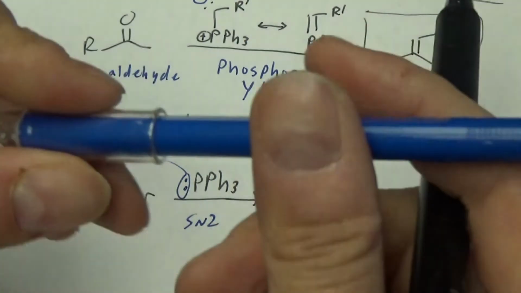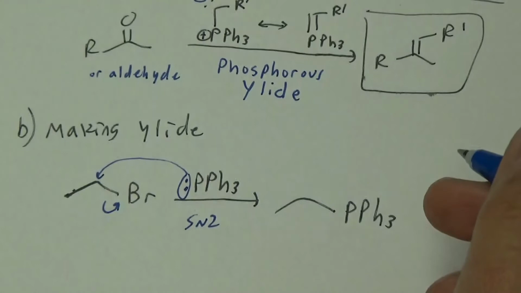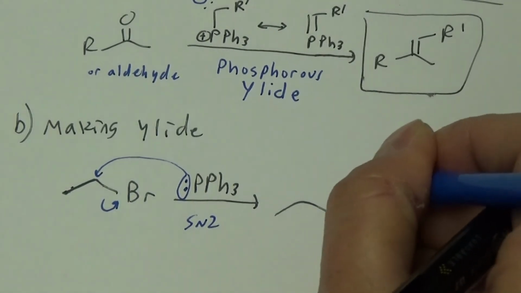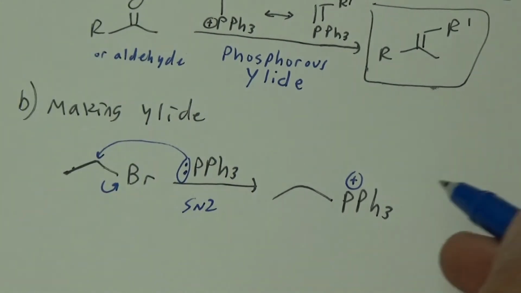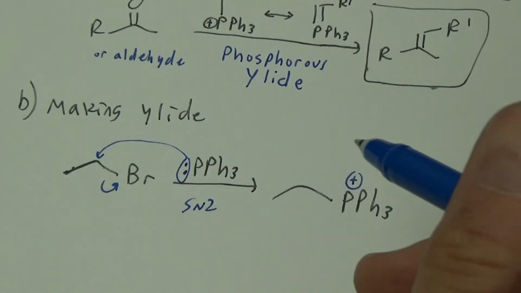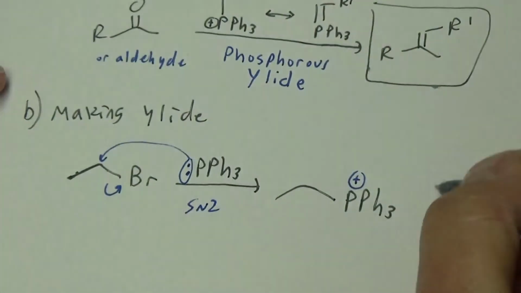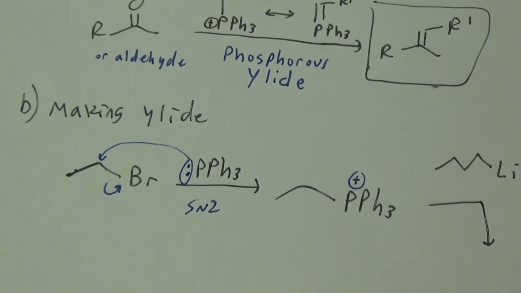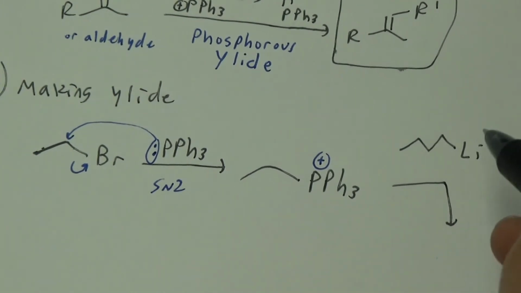Zero minus two electrons would be a positive charge. Two electrons are lost, so it's a positive charge. Then all you do is use a super base like butyl lithium, super duper base.